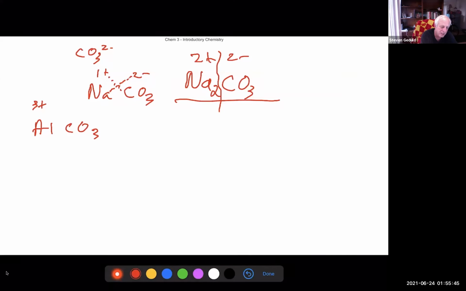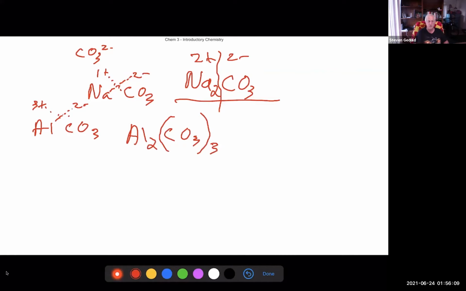And CO3 has a 2 minus charge, we said, carbonate. So we crisscross. We put the 2 with the aluminum and the 3 with the carbonate. So we come up with aluminum, Al2, and then CO3. Since this is a polyatomic ion, we have to group it and say there's 3 of these groups.